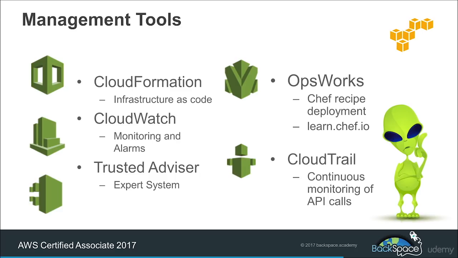So anything that happens in the AWS console, for example, if you launch an EC2 instance using the AWS console user interface, that will send an API call to AWS for that to happen, and that will be picked up by CloudTrail.